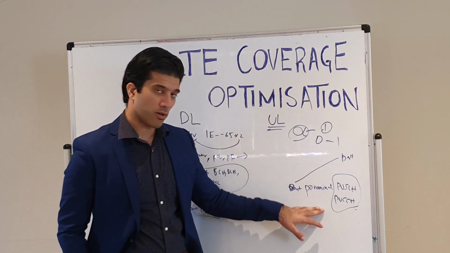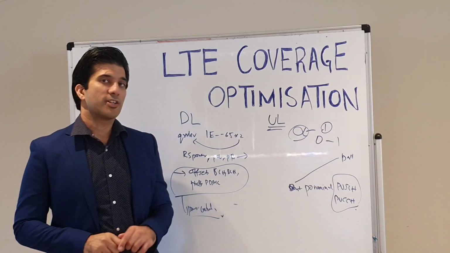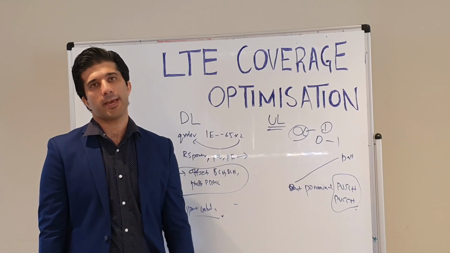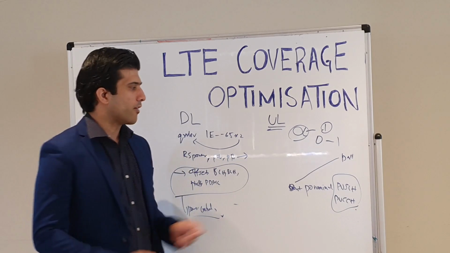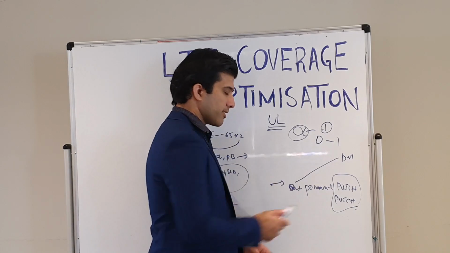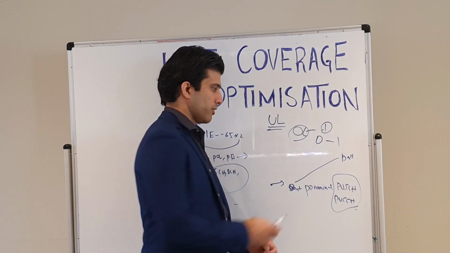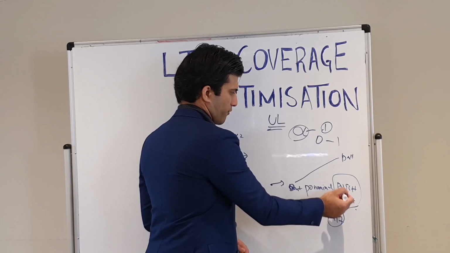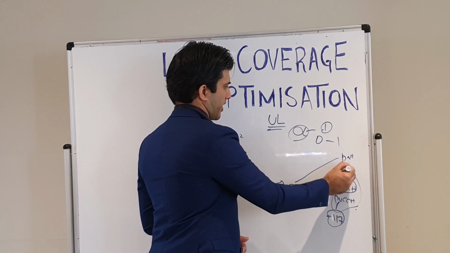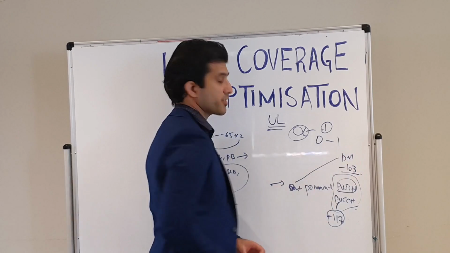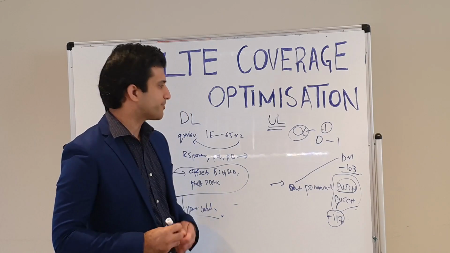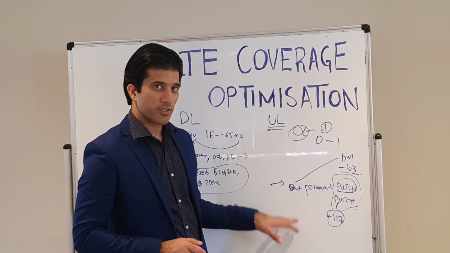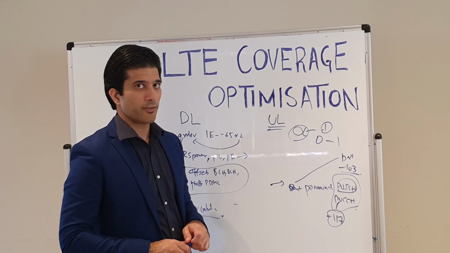So your eNodeB will try to keep your received signal power at this level during power control. Usually for common control channels it's neg 117, and for your shared channel it is neg 103. I remember this from my Ericsson days. So these are the nominal parameters for your uplink power control.